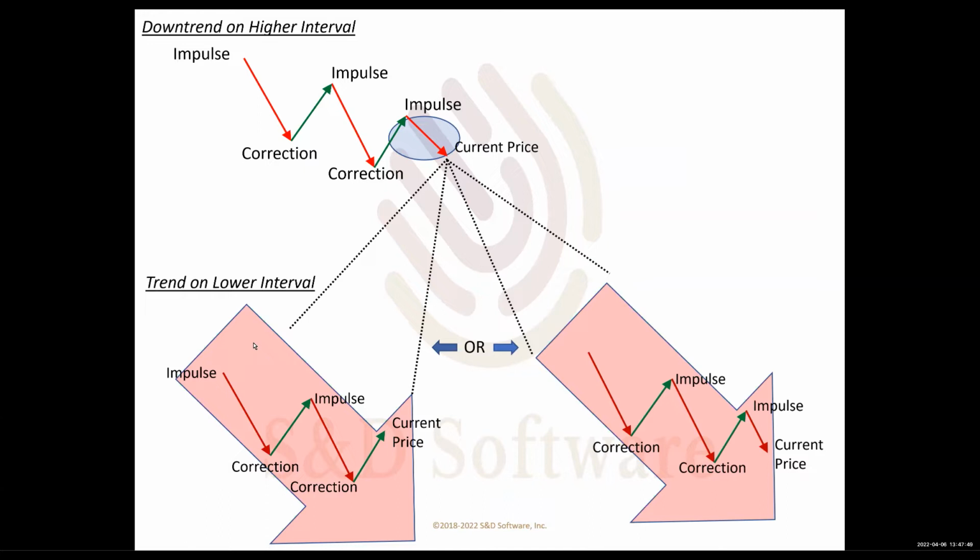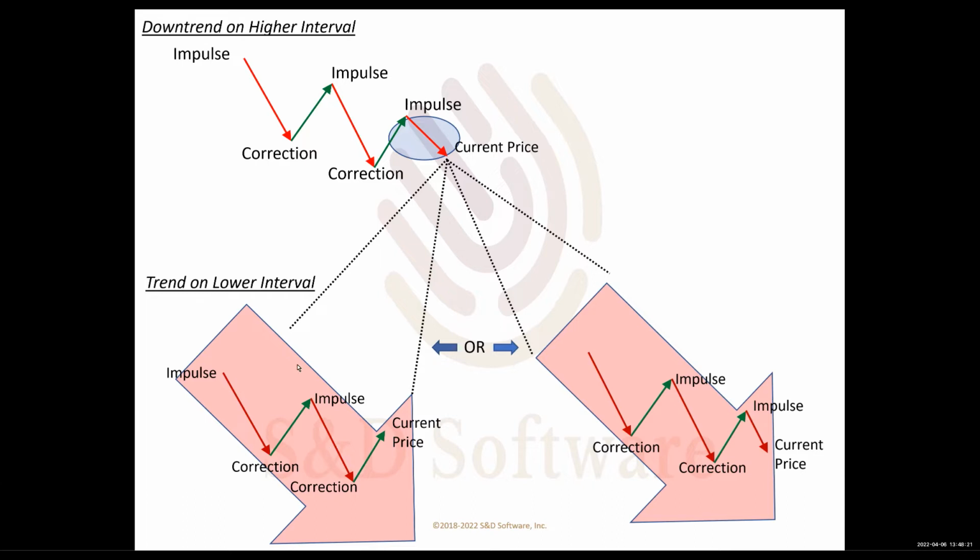And that's made from the highs and the lows that we see on the higher interval. And then inside of that, we see, again, the smaller impulse and corrective moves, which are made from the extra candles we're getting on the lower interval and the extra data points that those candles are exposing. And that's giving us the trend on the lower interval.